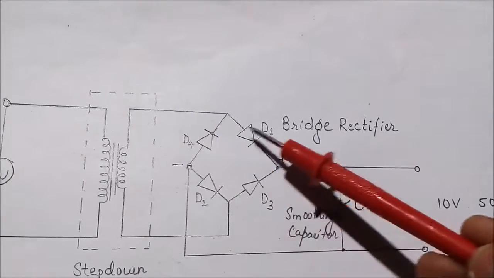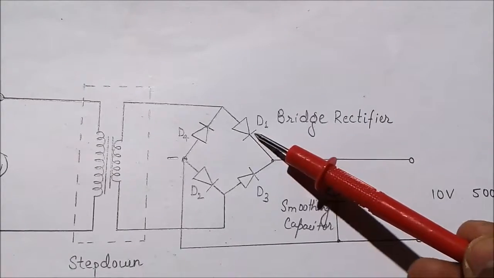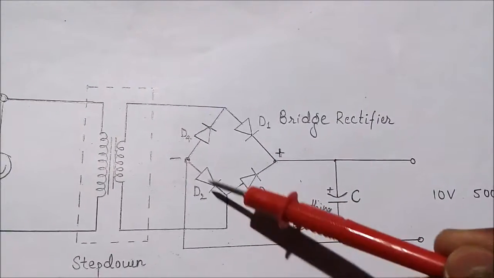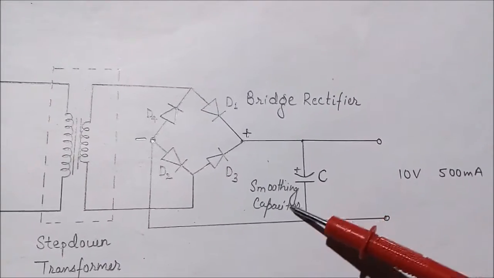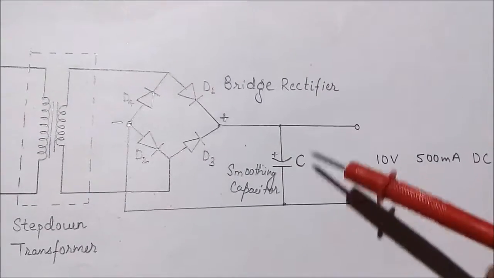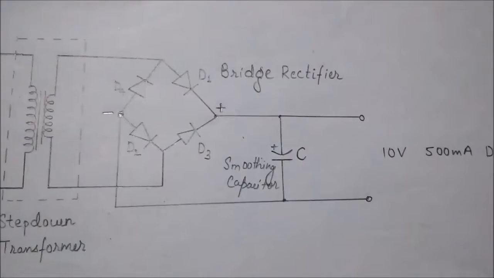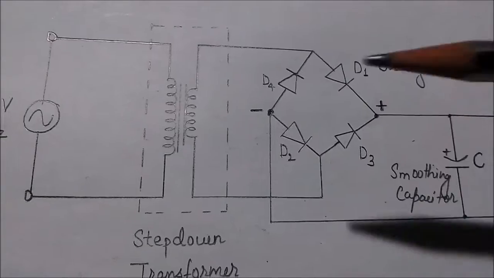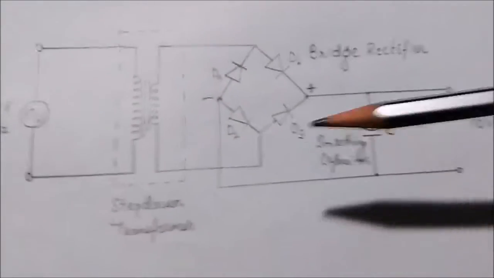There are four diodes used in the bridge rectifier: D1, D3, D2 and D4, and this is the smoothing capacitor connected at the end of the output of the circuit. Now I am going to describe the working of each component with the help of this circuit diagram.